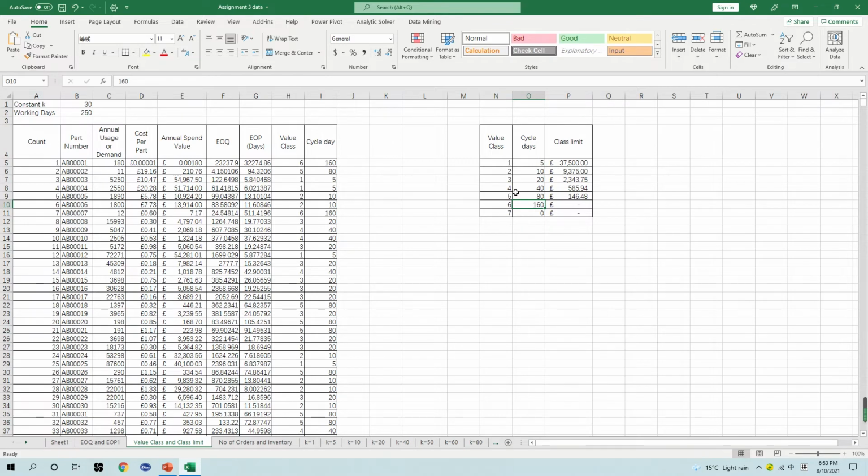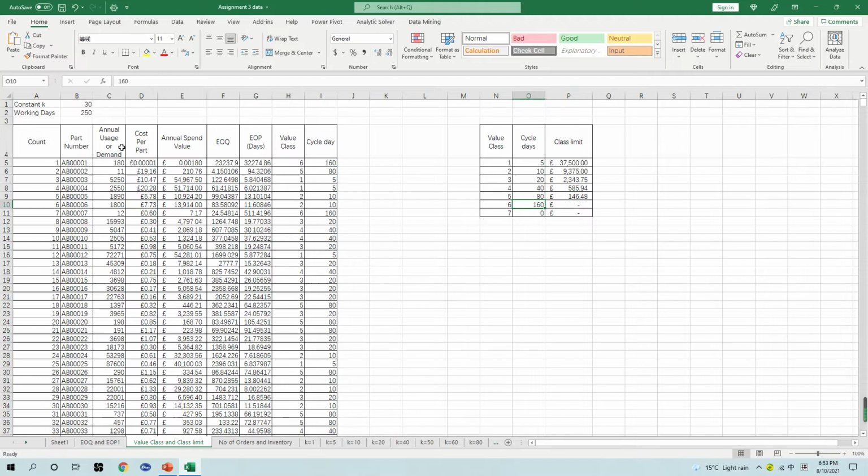And the question is why there's no 320 days. Because in a year there's only 250 working days, so if you multiply 160 times 2, that's 320 days. That would be impossible. That's not practical in real life, since there's only 250 working days.